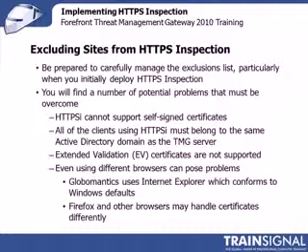All the clients using HTTPSI must belong to the same Active Directory domain as the Threat Management Gateway server. Extended validation certificates are also now supported, and even using different browsers can pose problems because of the different way that browsers handle certificates. GlobalMantics uses Internet Explorer, which conforms to all of the defaults that are necessary to operate.